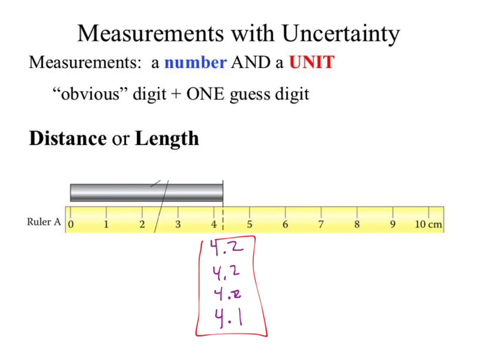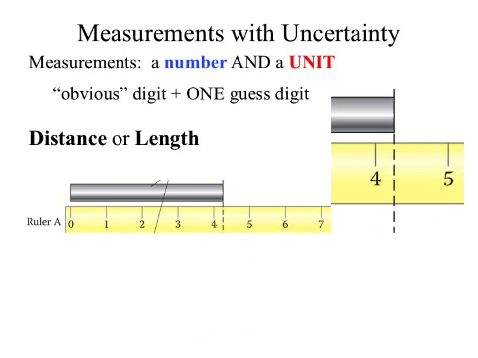That difference is the precision of the device. And it turns out that the precision of the device will always change where? In the guess decimal. Your precision of the device should never change in the exact value, or the obvious digit. Kind of make sense?